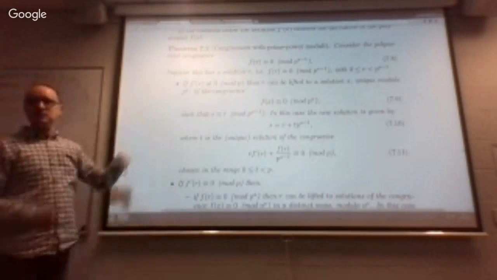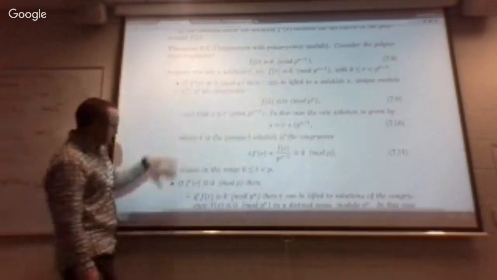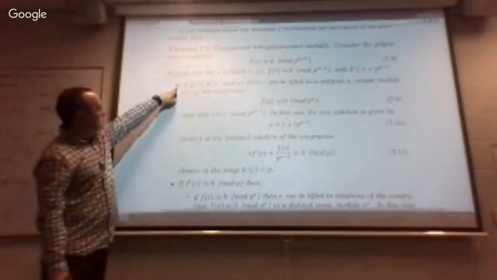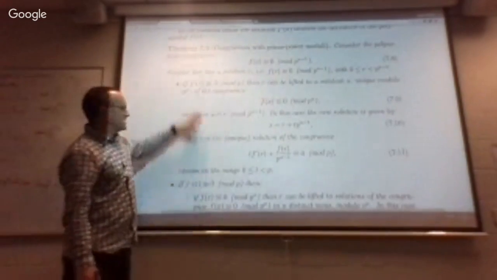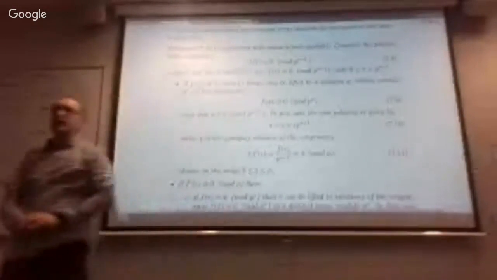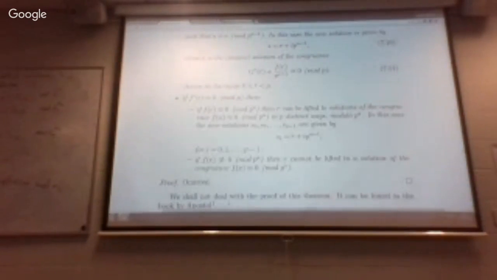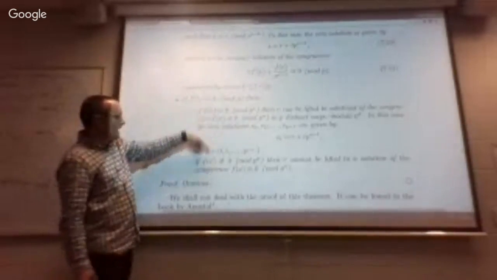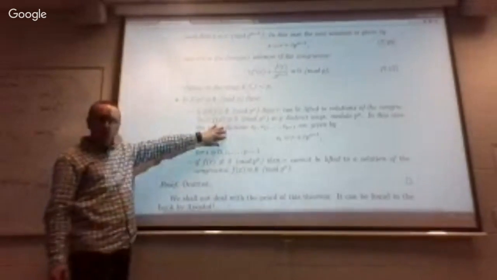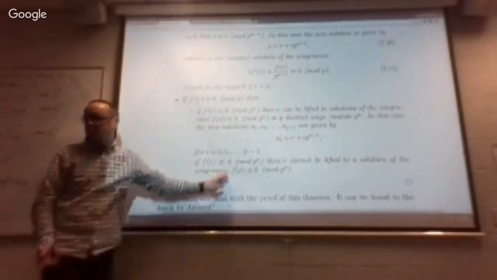It's a kind of decision procedure. You have some solution r to start off with. You test it against this first bullet point condition. Depending on which outcome you get according to this test, you then follow that bullet point. And the second bullet point has a further test. Depending on the outcome of this test, you either have lifting to multiple solutions or not lifting to a new solution.